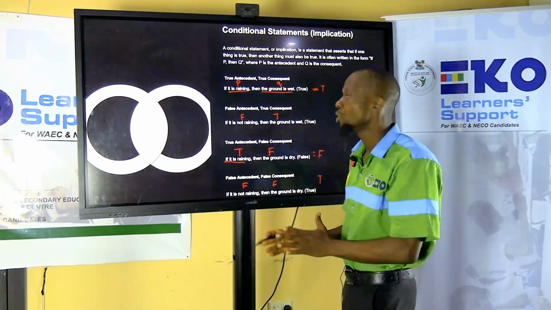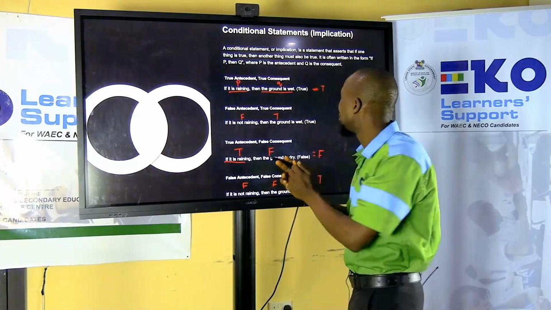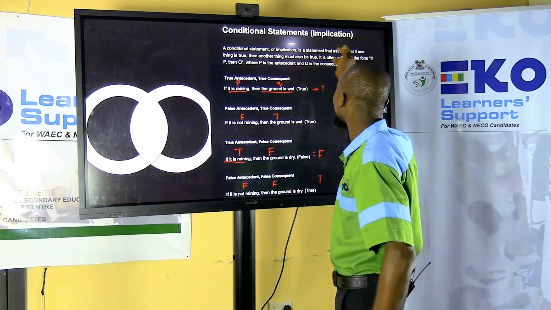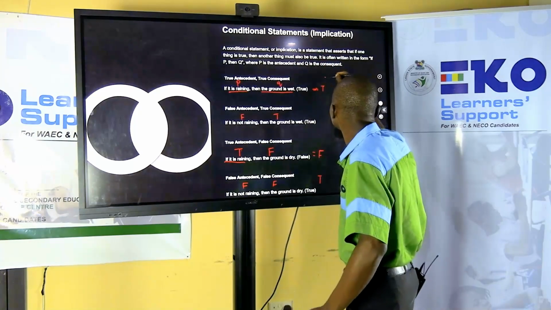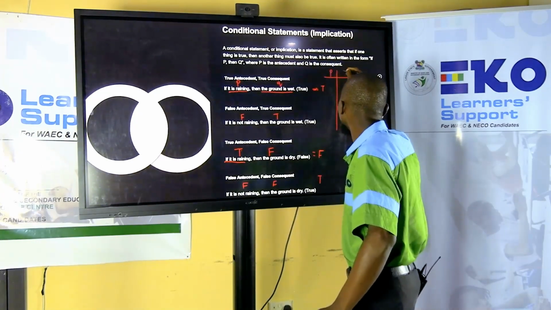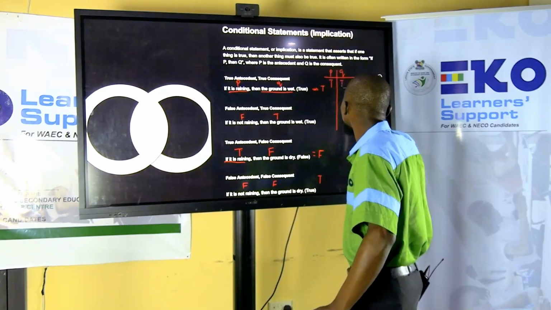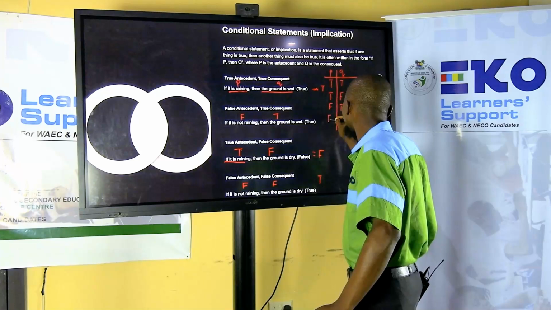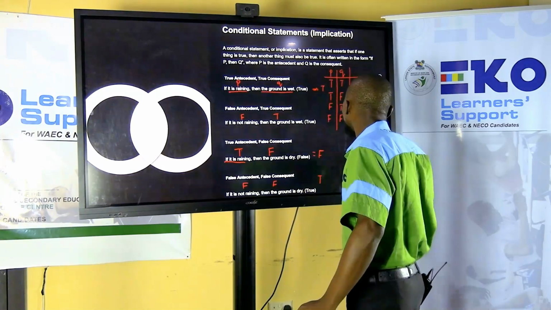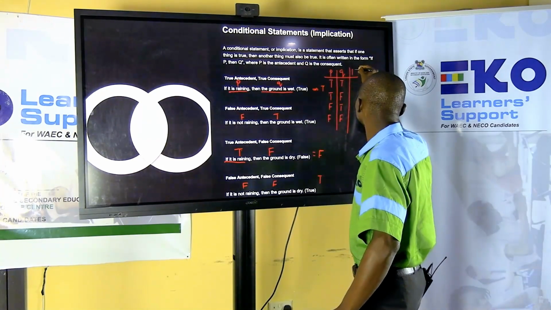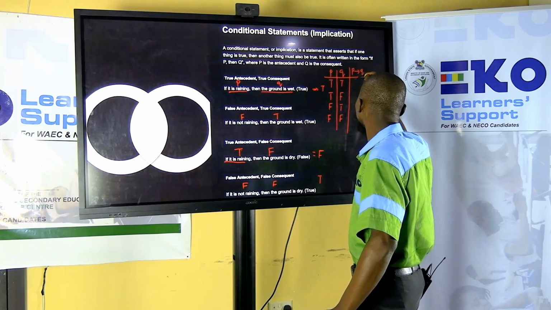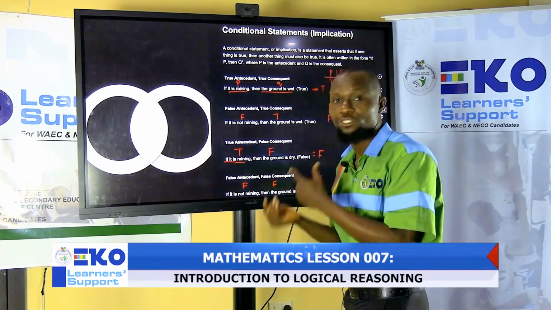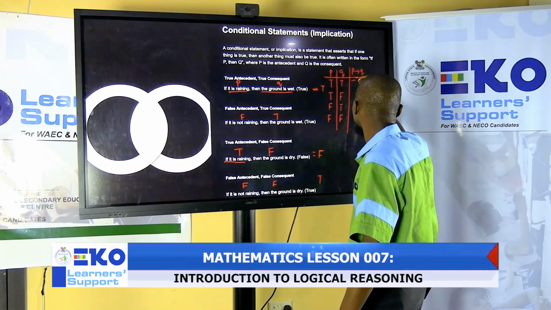So with this, we can summarize the evaluation of a conditional statement. If P, Q: you have true true, true false, false true, false false. When the antecedent is true and the consequent is true, the statement is true.